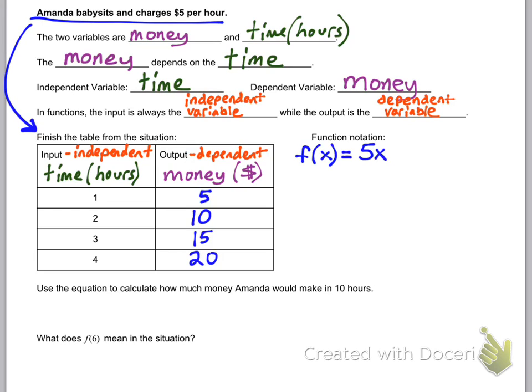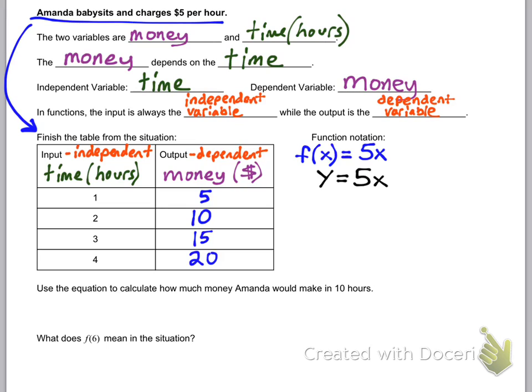When you plug in 1 hour into this function, you're going to get 5 times 1 on the right, and that would give us this value right here. If you plug in 2 right here, then you'll get 5 times 2, which gives us 10, which is right here. So you see how our table and our function match up.